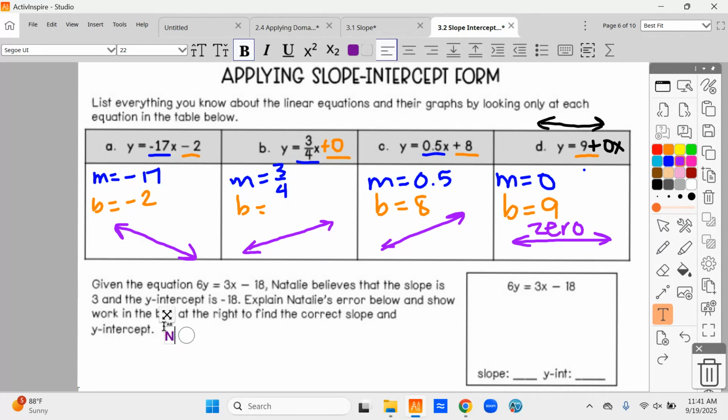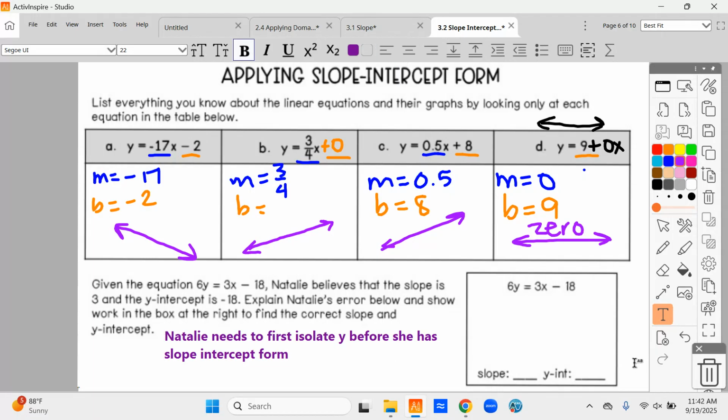Natalie, excuse my terrible typing, needs to first isolate y because it has a 6 attached to it before she has slope-intercept form.